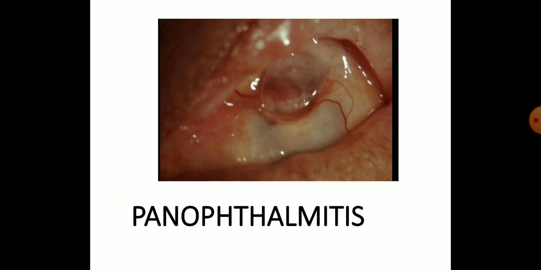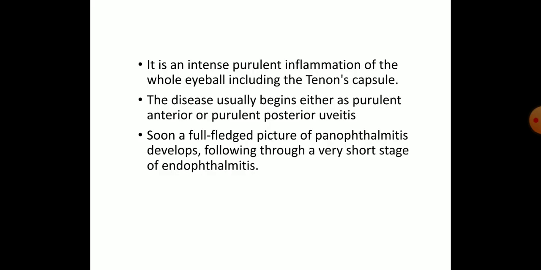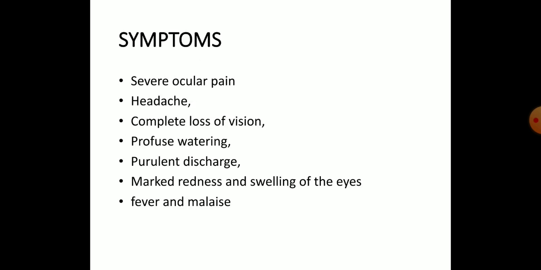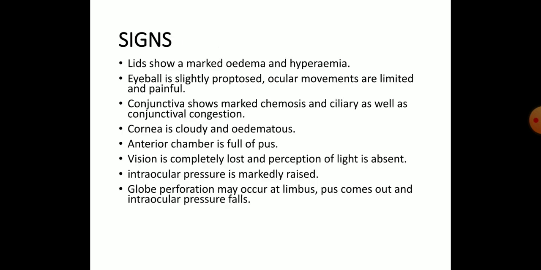Next is panophthalmitis. Here we know the surrounding Tenon's capsule is also inflamed. Symptoms are almost the same: pain, headache, watering, discharge, redness, swelling, loss of vision. Signs are almost the same. Lid having edema, hyperemia, proptosis, ocular movements are limited and painful, chemosis, congestion, edema, pus.